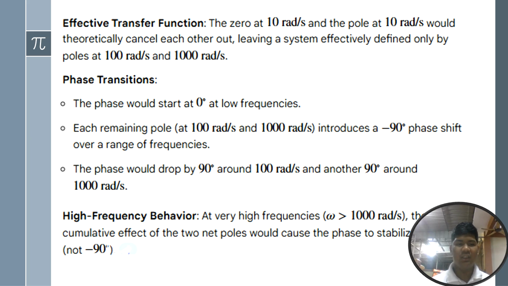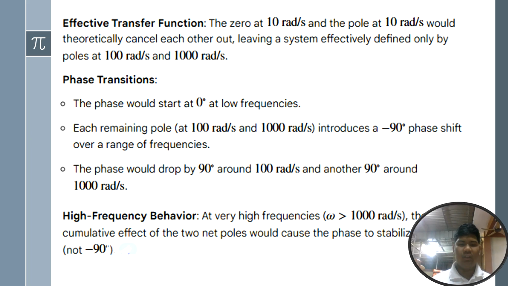In the phase transitions, the phase will start at 0 degrees at the low frequencies. Each remaining pole at 100 radians and 1000 radians introduces a phase shift over a range of frequencies. The phase would drop 90 degrees around 100 radians and another 90 degrees around 1000 radians.